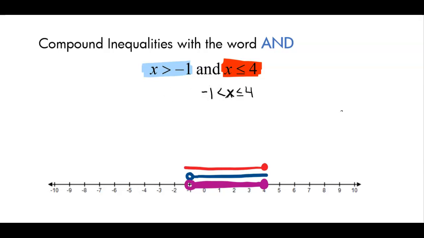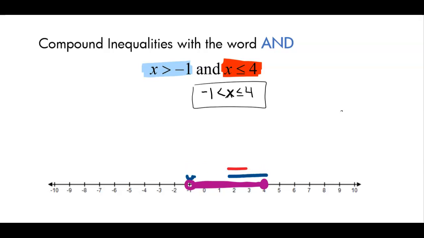And then we only have to write the x once. And this is literally indicating x is in between these two numbers. So we can rewrite an "and" inequality mashed together like this so that it shows up like an in-between situation, because that's truly what we have here. We're not so much interested in the red line.